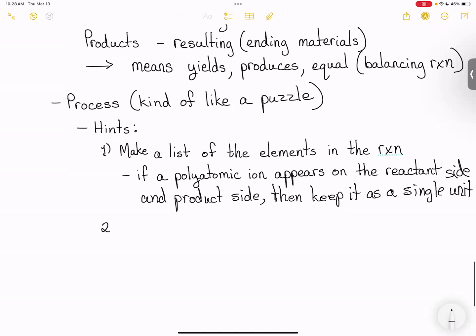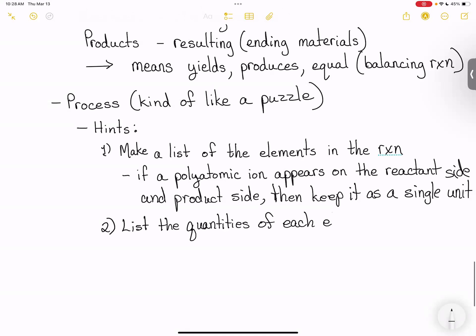Two, list the quantities of each element on the reactant side.